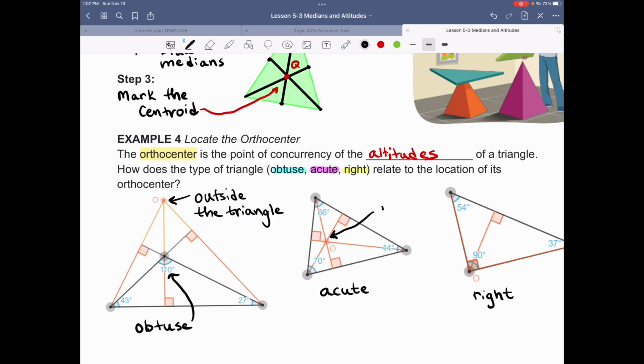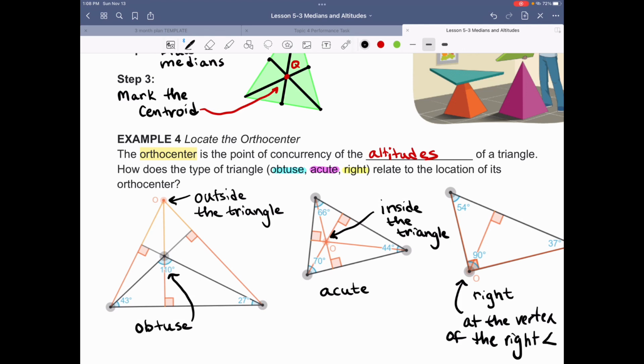And that's right, inside. And in a right triangle, where is the orthocenter? It's at the vertex where the right angle is. At the vertex of the right angle. And that concludes our notes on medians and altitudes.